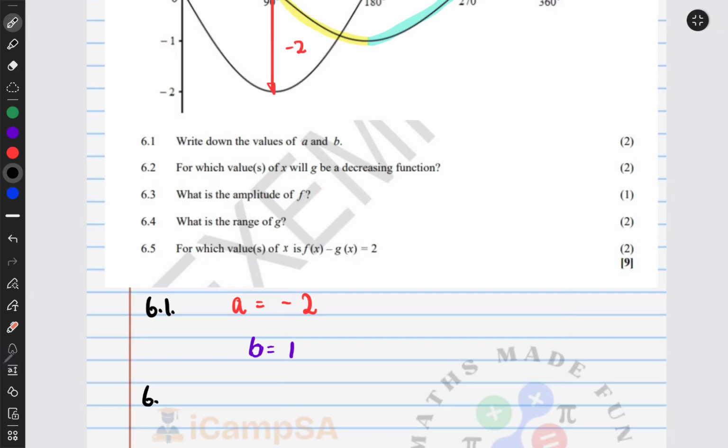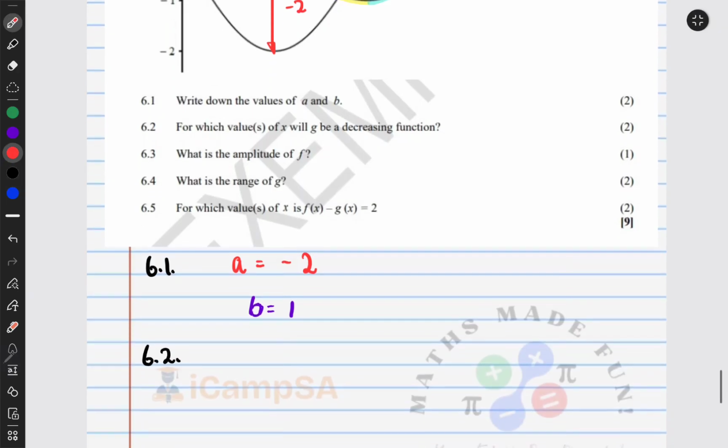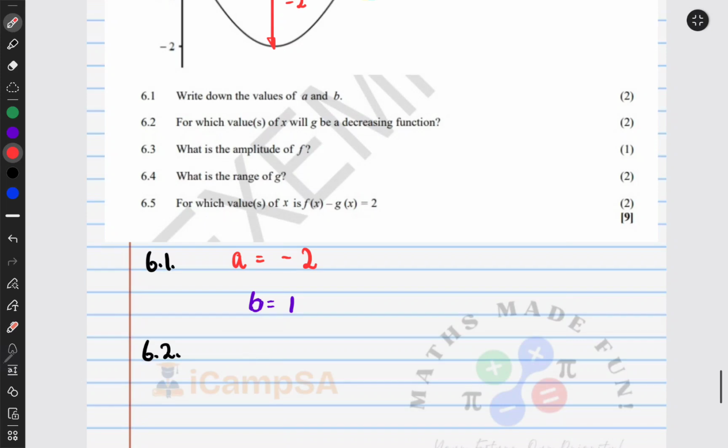So for 6.2, I'm going to say where x is greater than or equal to 0 degrees, but x is less than or equal to 180.